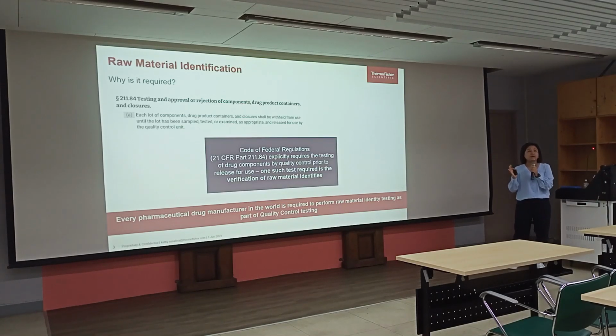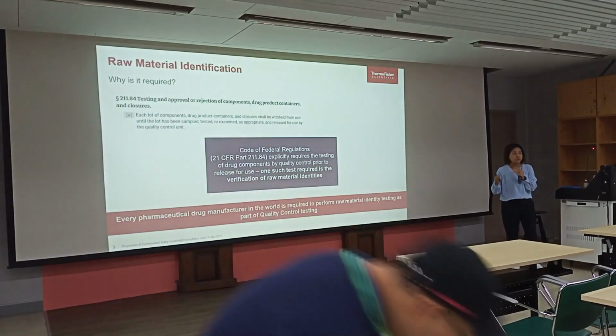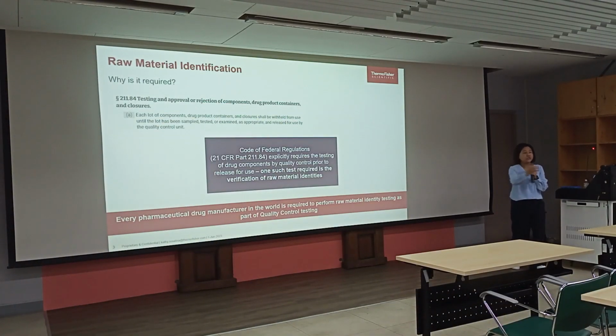So how the handheld instrument can help is once they receive the raw material from the supplier, when they reach the warehouse, they need to check every drum of the raw material they receive is correct. So not just randomly select to perform the QC test to check the raw material, but they need to check every drum.